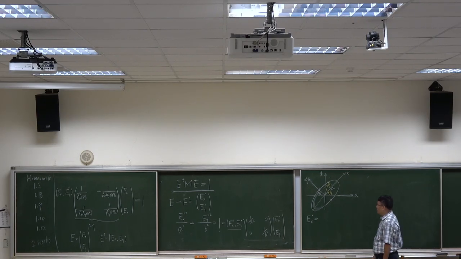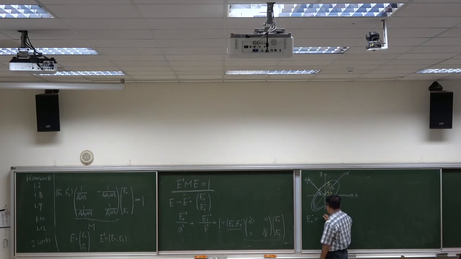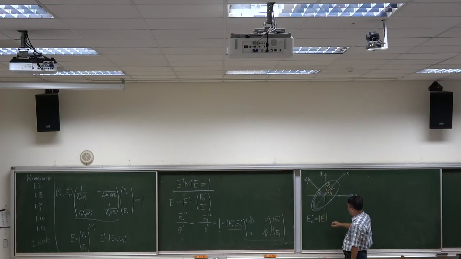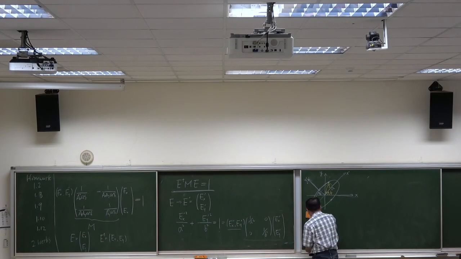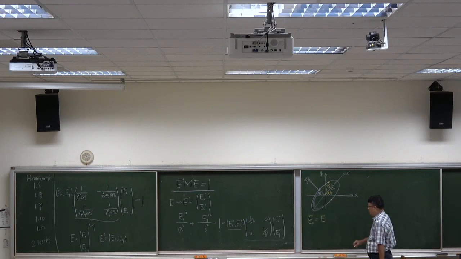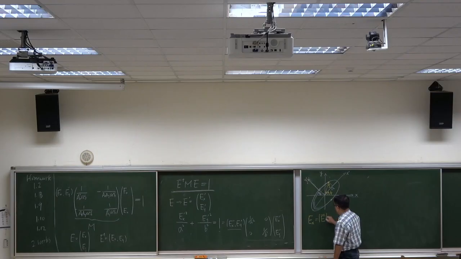Okay? So I can write original Ex as the magnitude of E vector times cosine theta, where I denote this angle as theta.